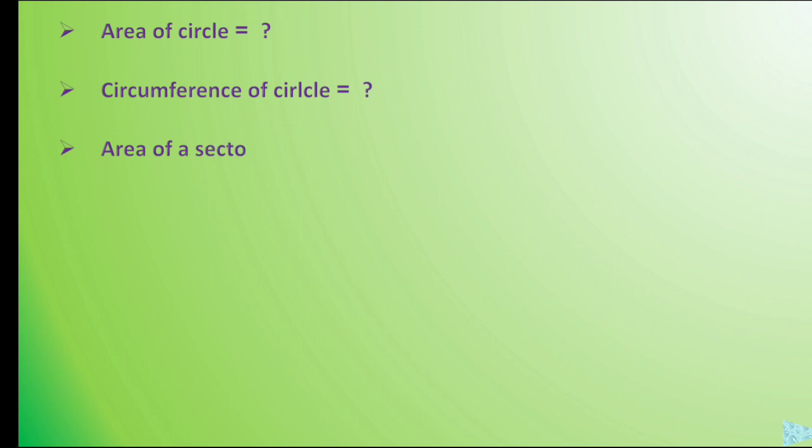Area of a sector. It's theta over 360 into pi r square. Length of arc of a sector.